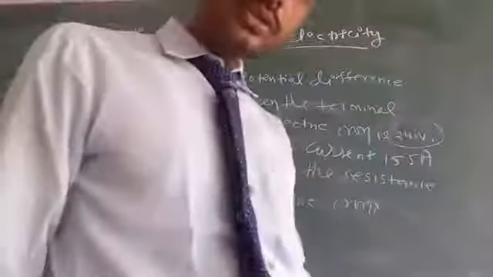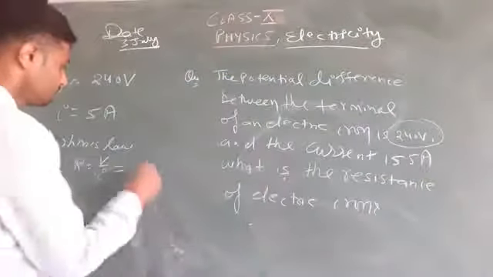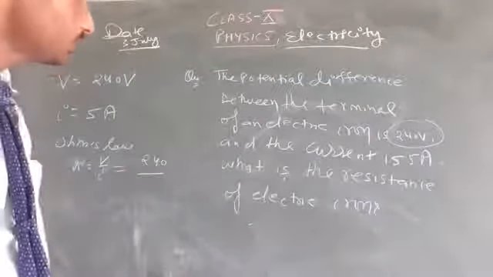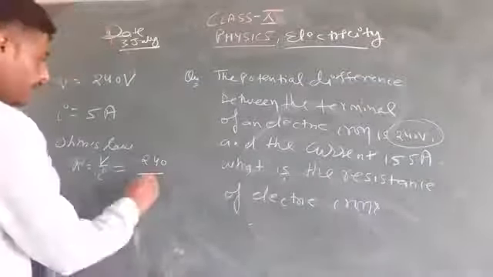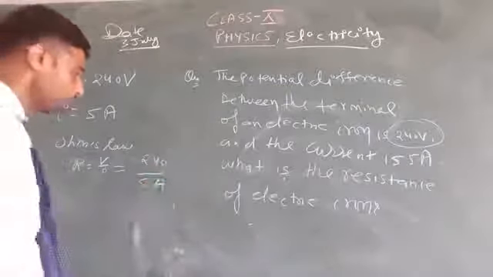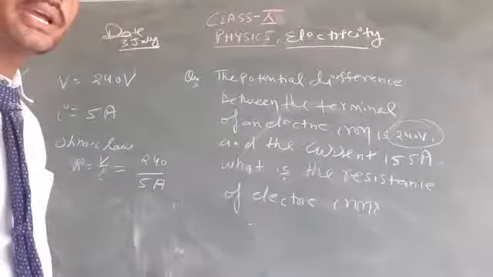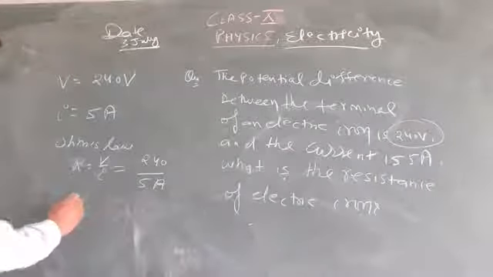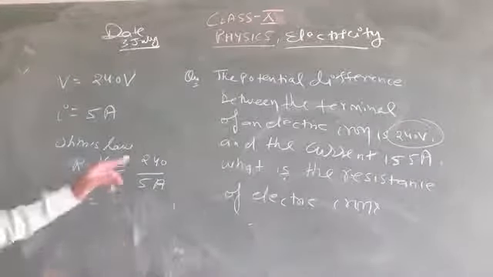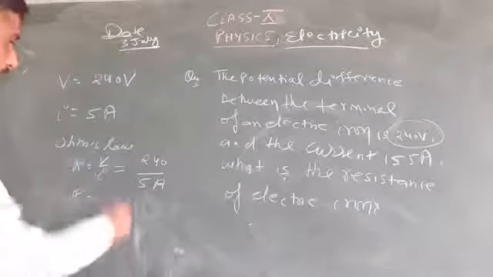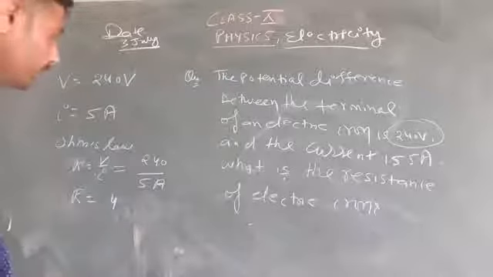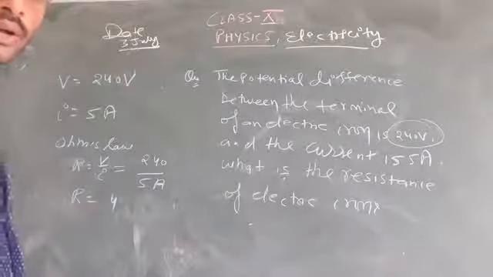Your voltage is 240, it means 240 volt, and your current is 5 ampere. So when 240 is divided by 5, what will come? It is 24. 5 4s are 20.